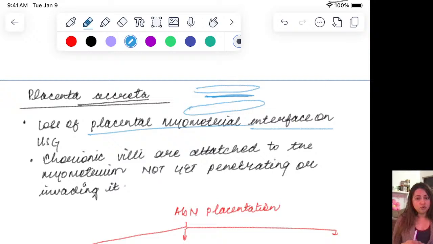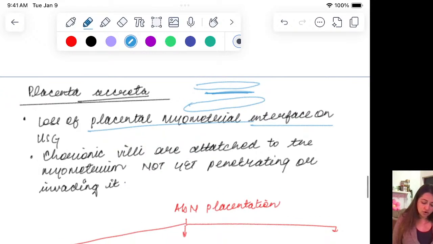And if you're not able to appreciate this retroplacental myometrial interface on ultrasound, that means the placenta is sticking to the myometrium. Either it may be invading it or not, that's different, but yes, the interface is lost. That means the placenta has crossed its boundary. Okay, so chorionic villi attached to the myometrium, not yet penetrated or invading it, this is accreta.